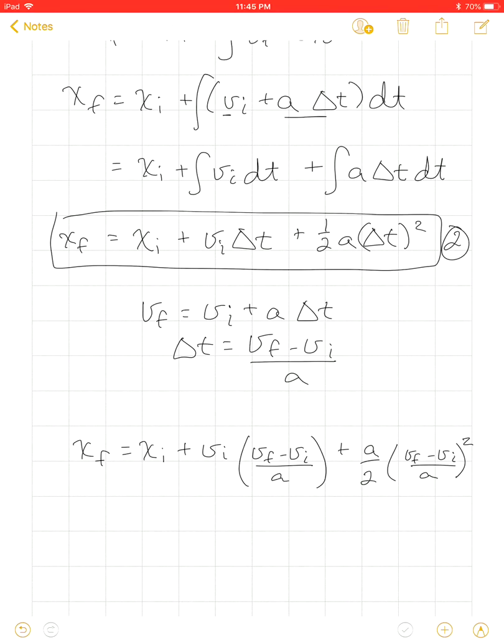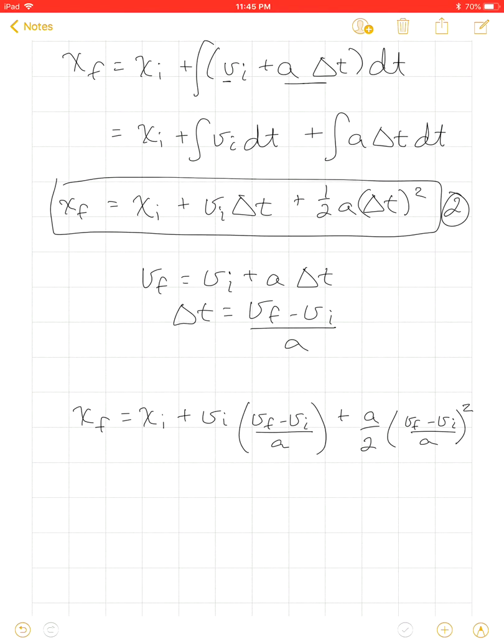Okay. So the first thing I'm going to do is, I'm going to subtract x initial from both sides. And that means on the left-hand side, I'm going to have delta x.